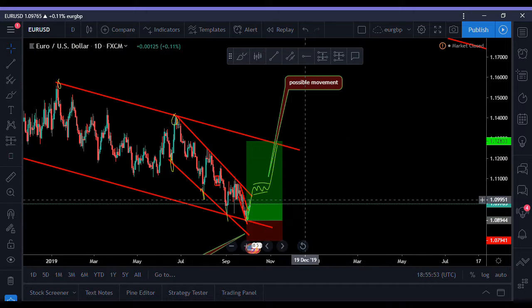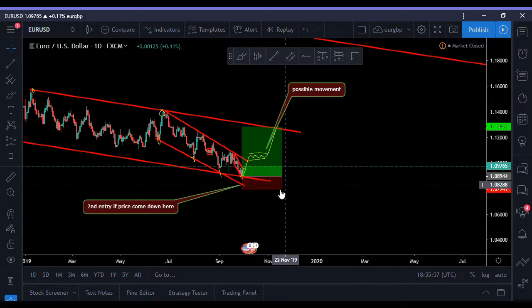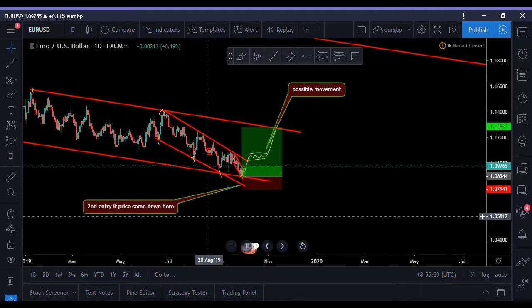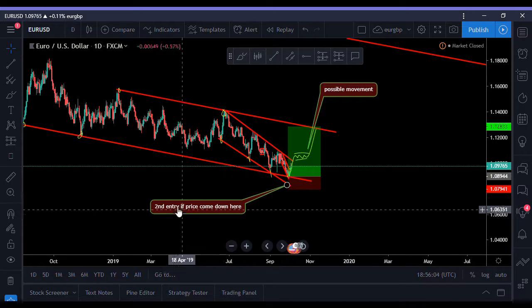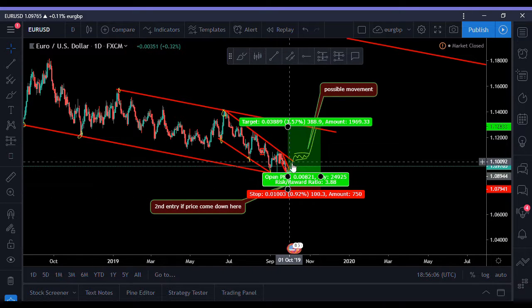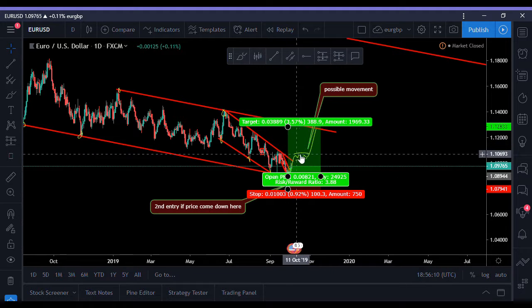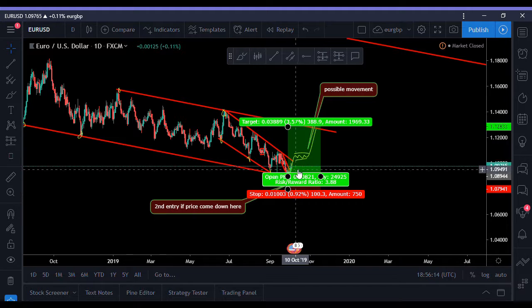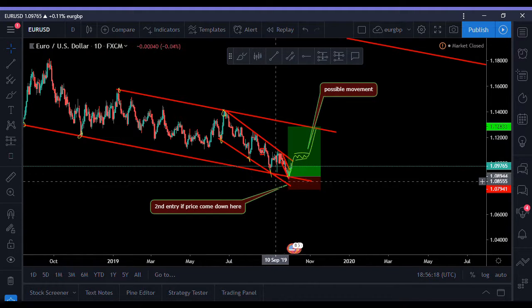Last week, this is why nowadays I don't send many screenshots of what I'm trading during the week. Once I sent this, I had already explained that if price moves to the downside, I'm going to take another entry over here with a possible movement to the upside. I sent this on Tuesday last week, I guess. If you follow me on our WhatsApp group, probably you know this by now.